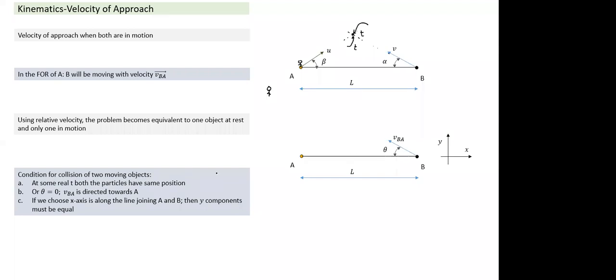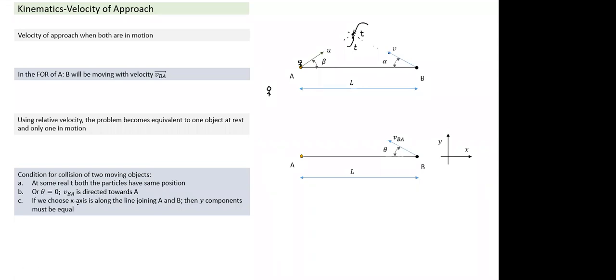I can define the same thing in one more way in reference to this frame of reference. Basically, the condition for collision is, if I use this coordinate system, the Y component of VBA should be 0. Then only theta becomes 0. What would make the Y component of VBA 0? The Y component is the Y component of B minus the Y component of A. The difference is 0 when both have equal Y components. That's the third way of defining the condition for collision.